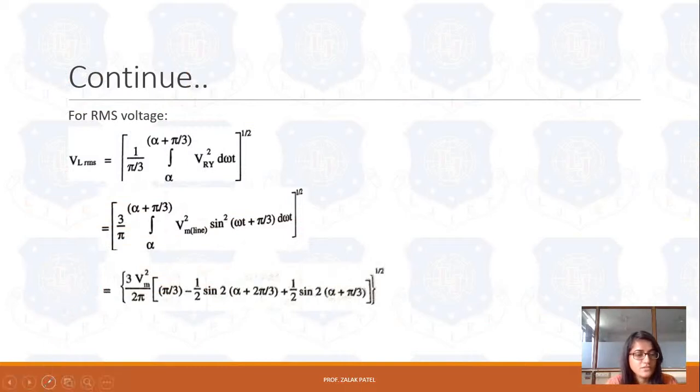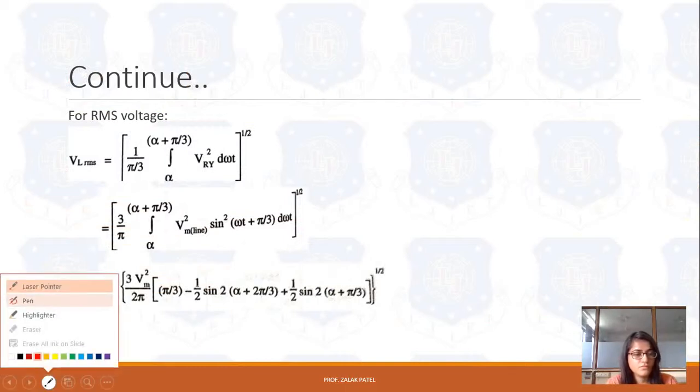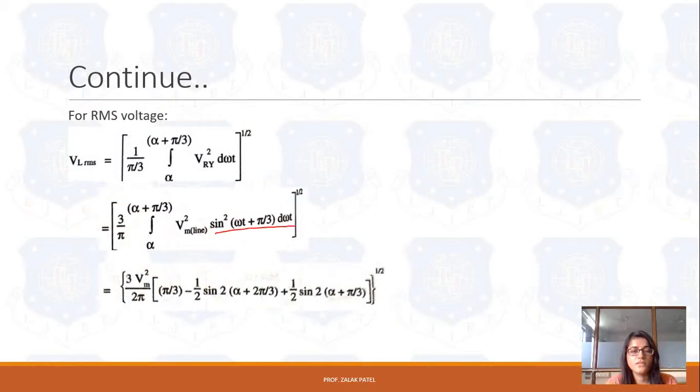1 minus, this term is like 1 minus cos 2 times theta. Here please consider that theta is nothing but omega t plus pi by 3, divided by 2.